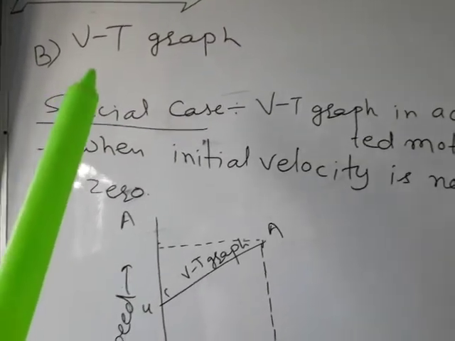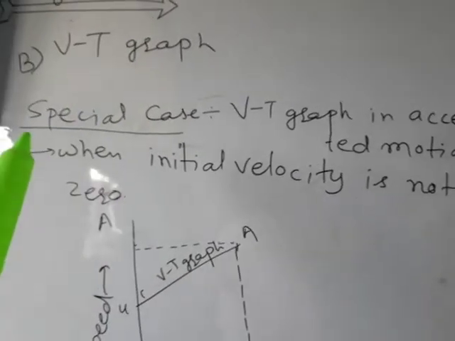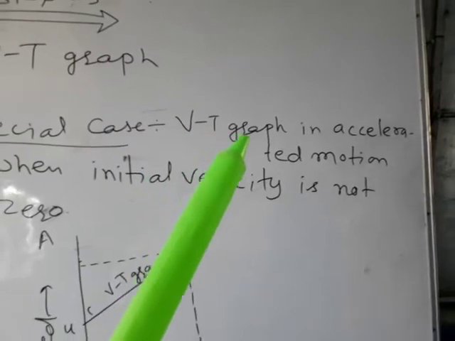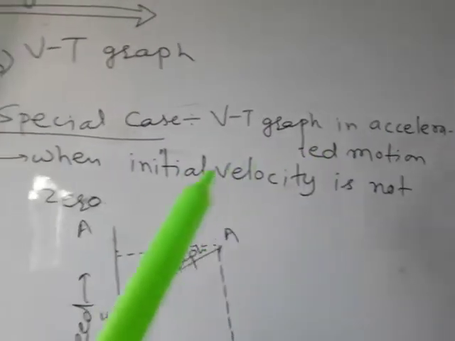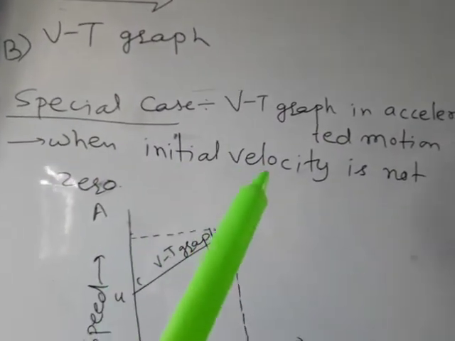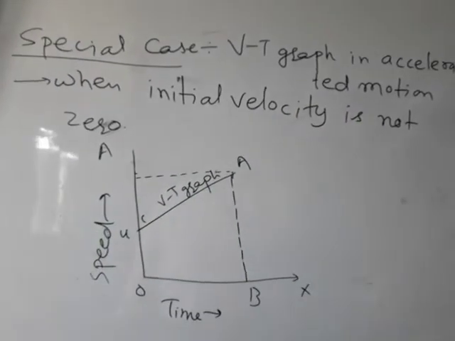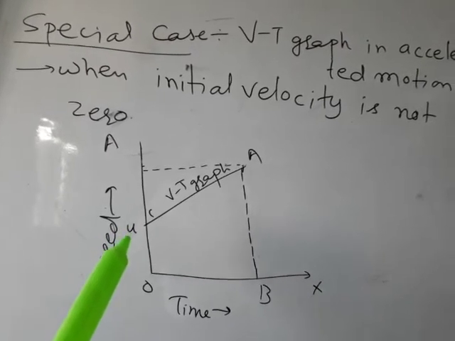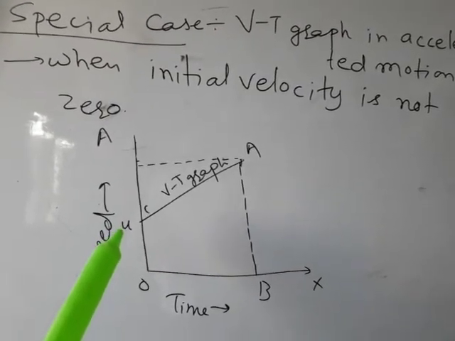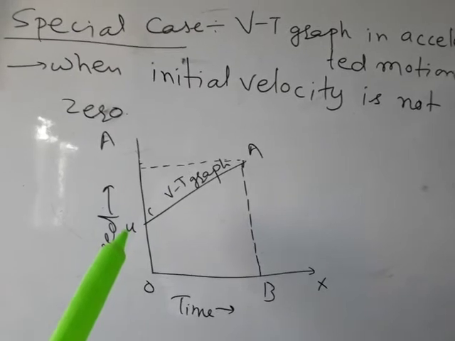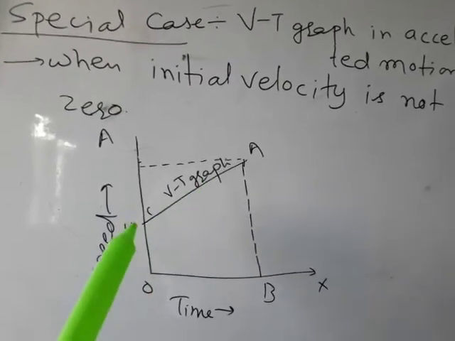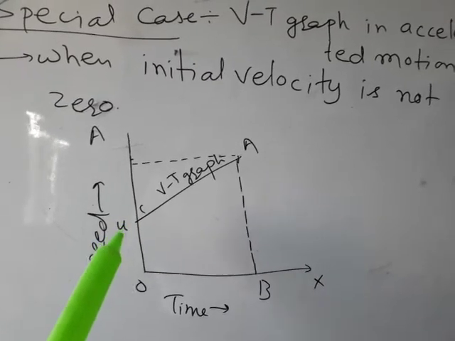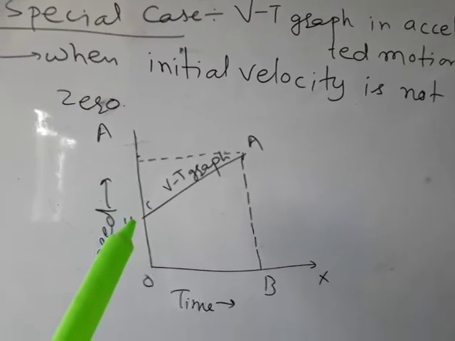Now we will discuss a special case of the v-t graph in accelerated motion when initial velocity is not 0. It means there is some value of u not equal to 0. It means it is a case in between the moving of a body.